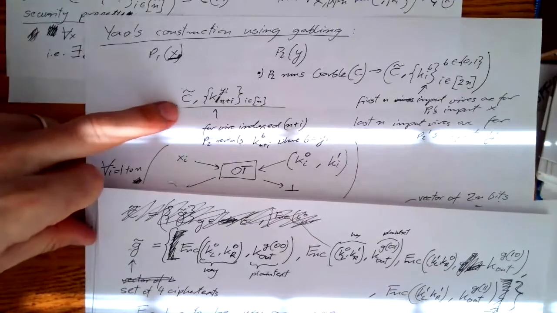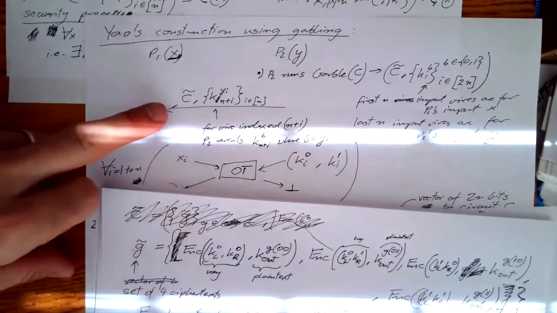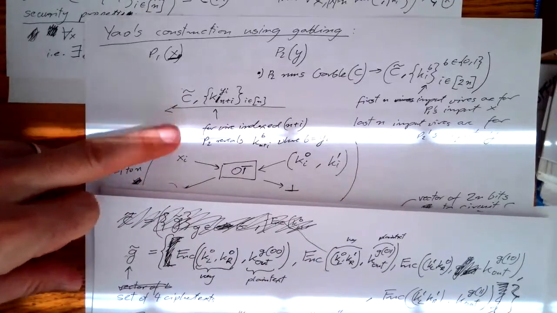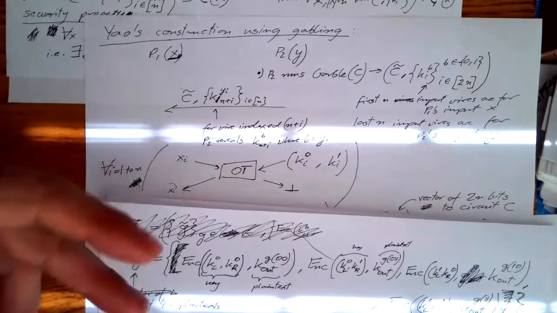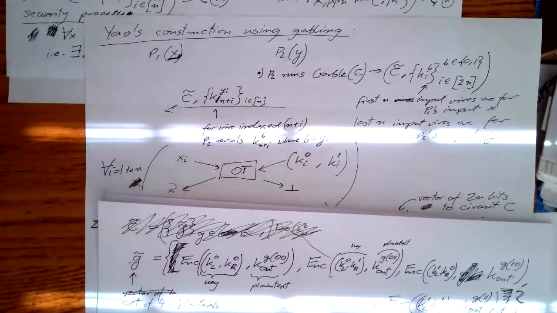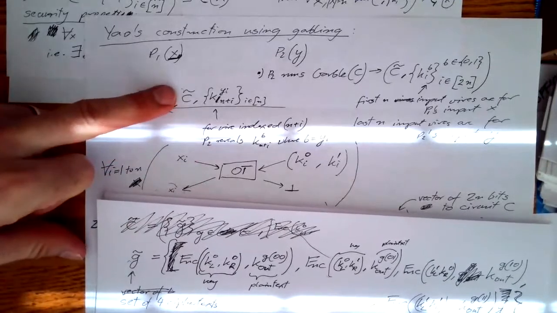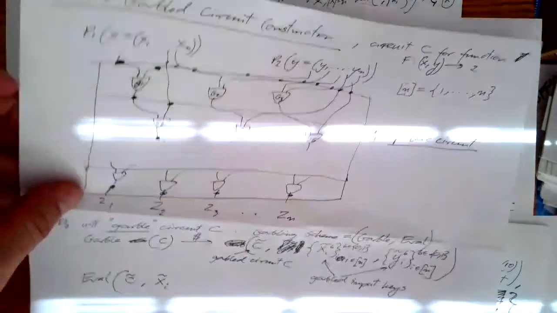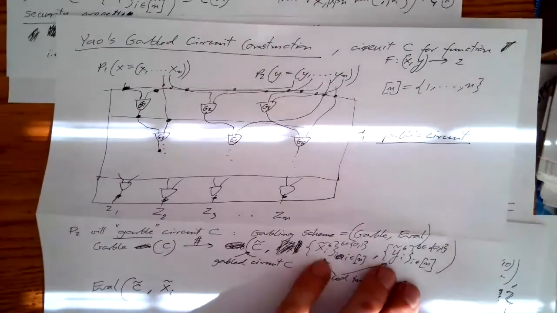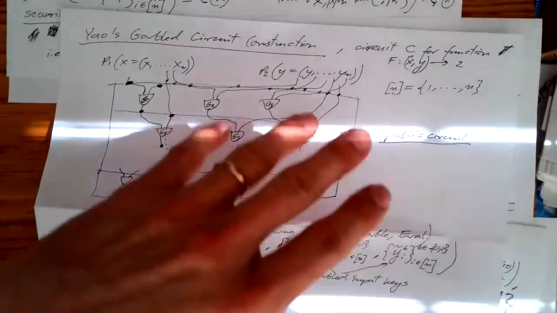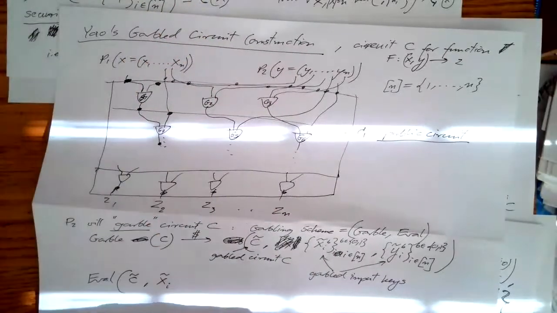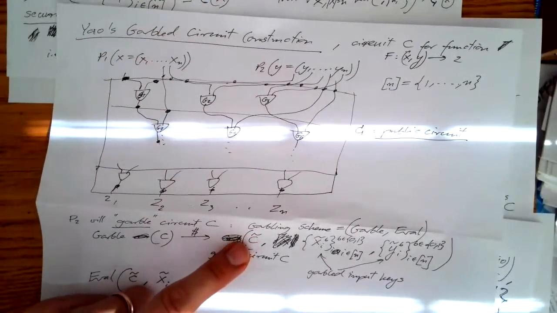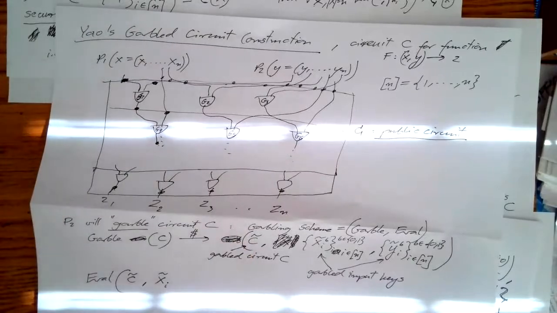Could you somehow, so first of all, let's see what goes wrong if I try to use the same garbled circuit and I allow the same garbled circuit to be computed twice on two different vectors of input, one vector corresponding to one set of inputs, and another vector another set of inputs. This construction goes bad.